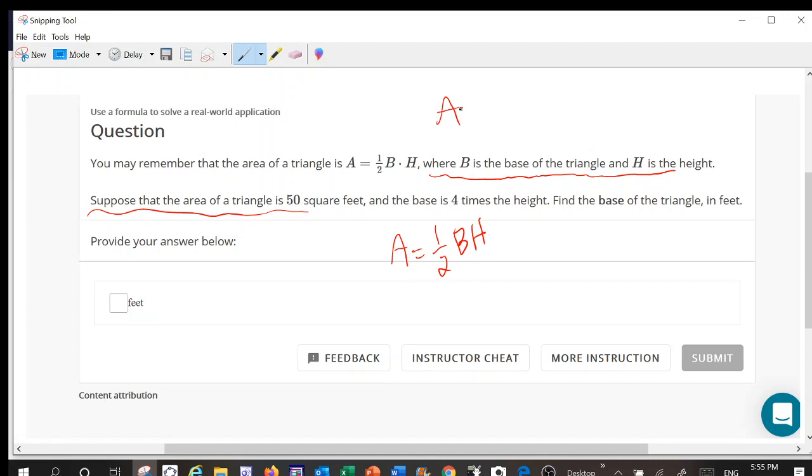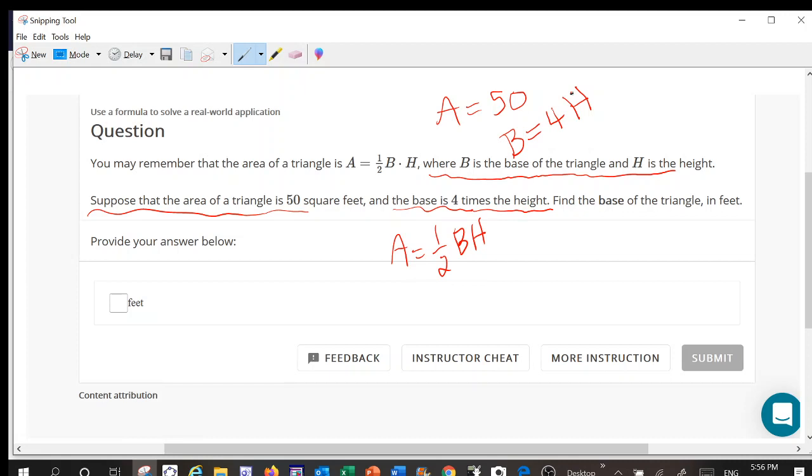So A equals 50, and the base is 4 times the height. That means B is 4 times the height. Now find the base of the triangle.